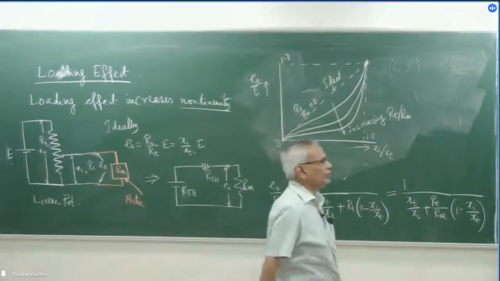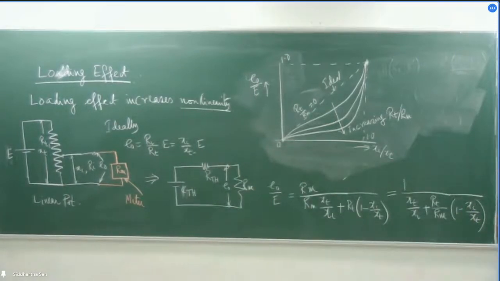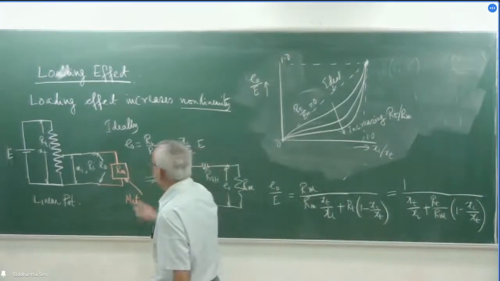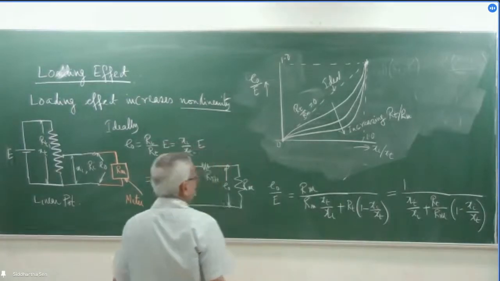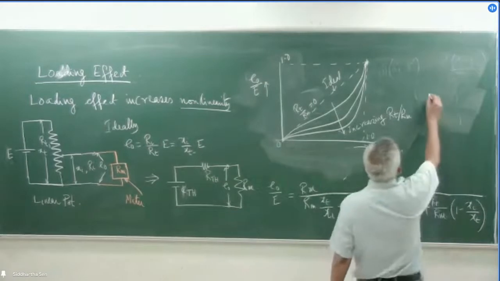The potentiometer characteristics is no longer a linear one as we had thought, because of our improper selection of Rm. I leave it to you to show that.